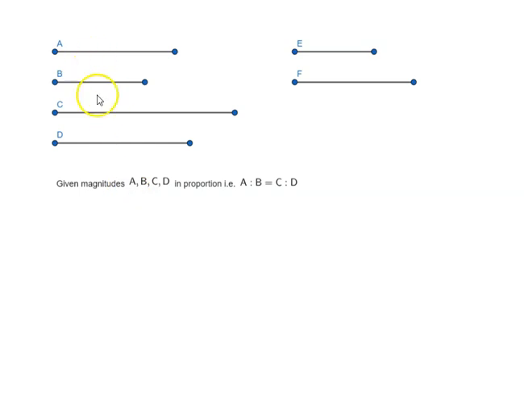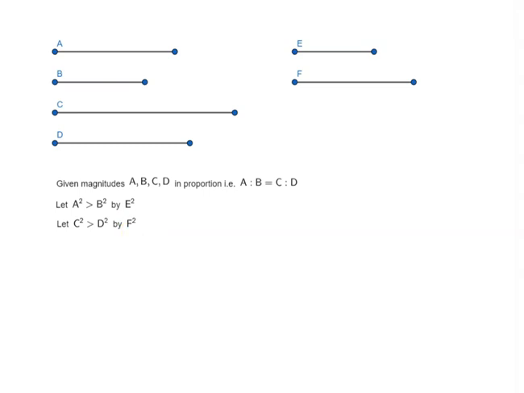We are given magnitudes A, B, C, D in proportion. So that means A is to B is equal to C is to D. And the proposition says that the square on A is greater than the square on B by the square on a third magnitude E. Again, the proposition says with respect to C and D, the square on C is greater than the square on D by the square on another given straight line F. This is what we are given.